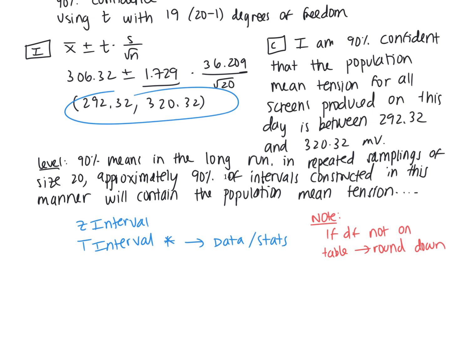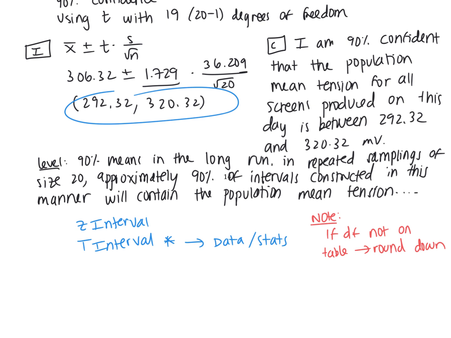So instead of 34 degrees of freedom, you would use 30. But if you have like 39 degrees, technically, you're supposed to round down. That being said, on the AP test, either one will be accepted, and I would accept either one as well. The reason we round down, it gives us a slightly bigger t value, so it's a conservative confidence interval. Okay. Questions?